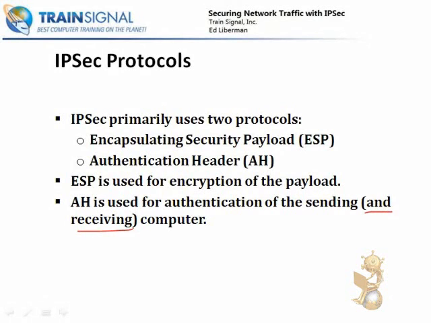The reason I put "and receiving" is because remember, there is a mutual authentication. So again, just real quick, real easy, one simple thing to remember: ESP is used to encrypt the actual data, the actual payload, and AH is used for the authentication, so you can verify the validity of who's actually transmitting and receiving the data.